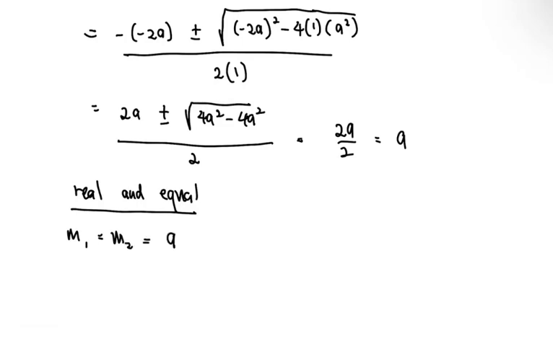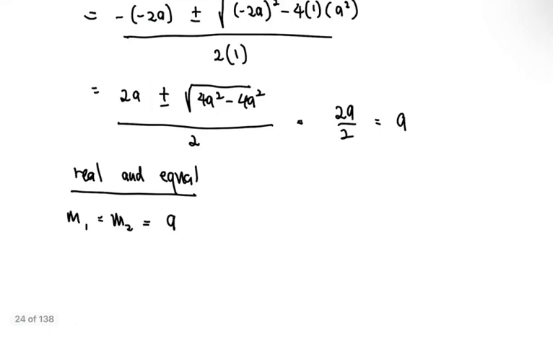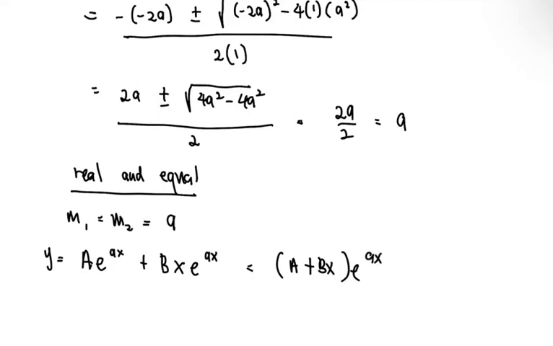This a is a positive number. So the solution will be a e to the power ax plus bx e to the power ax, or sometimes you like to write as a plus bx, e to the power ax. This way also can. So this is our solution.